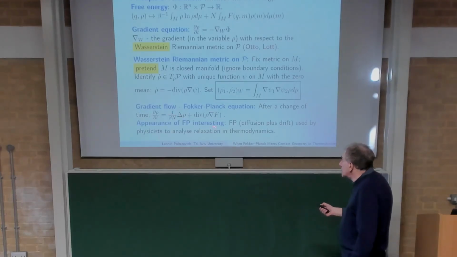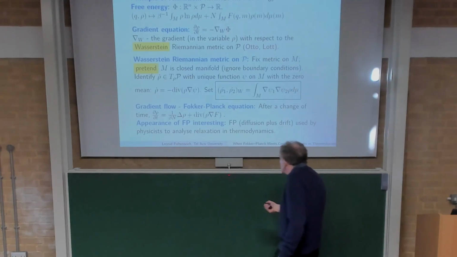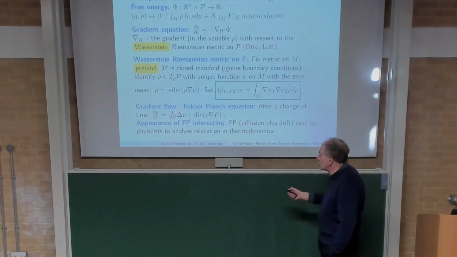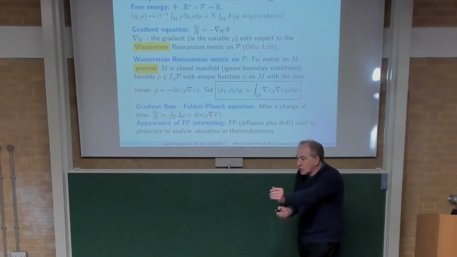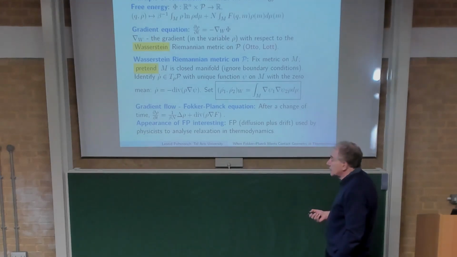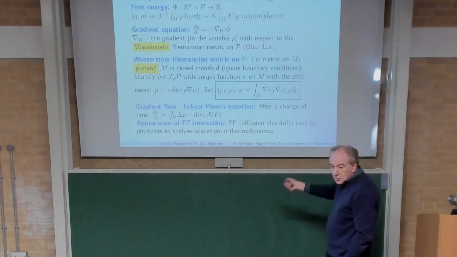This term is responsible for diffusion, and this term is responsible for drift along the gradient vector field. It was used by physicists to analyze relaxation in thermodynamics. Somehow, this model works.